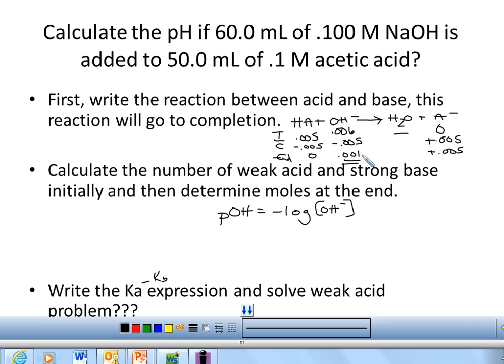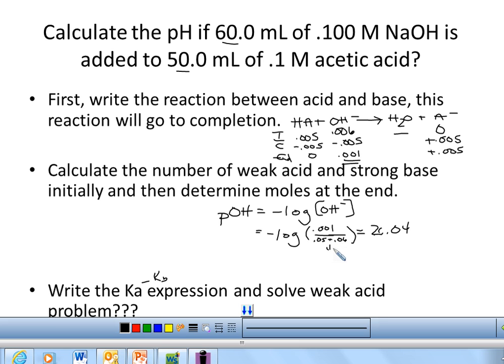remember this is moles of hydroxide, I have to get that to concentration, which is moles over total volume, which was 50 mL plus 60 mL, or 0.05 plus 0.06, 60 and 50 have to be in liters. I will get a pOH of 2.04.